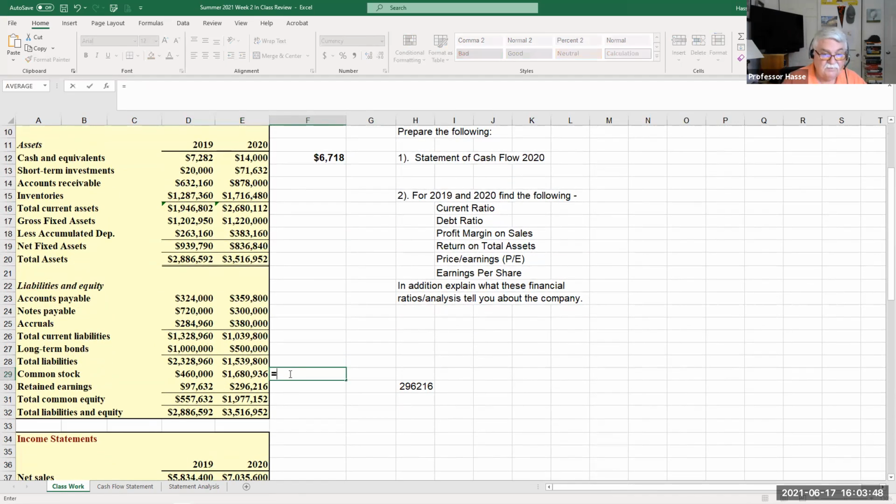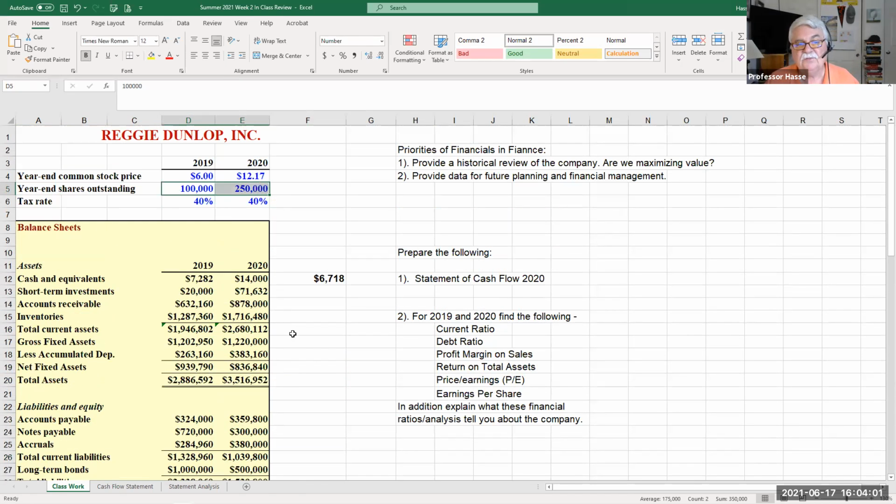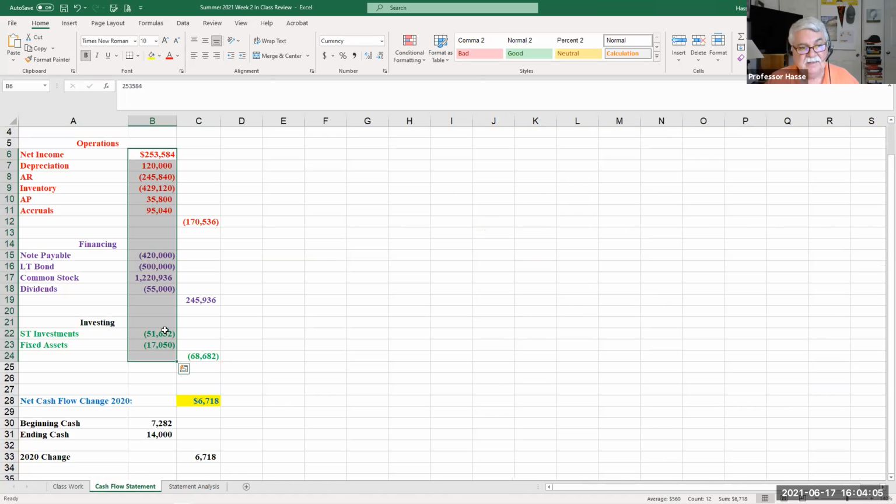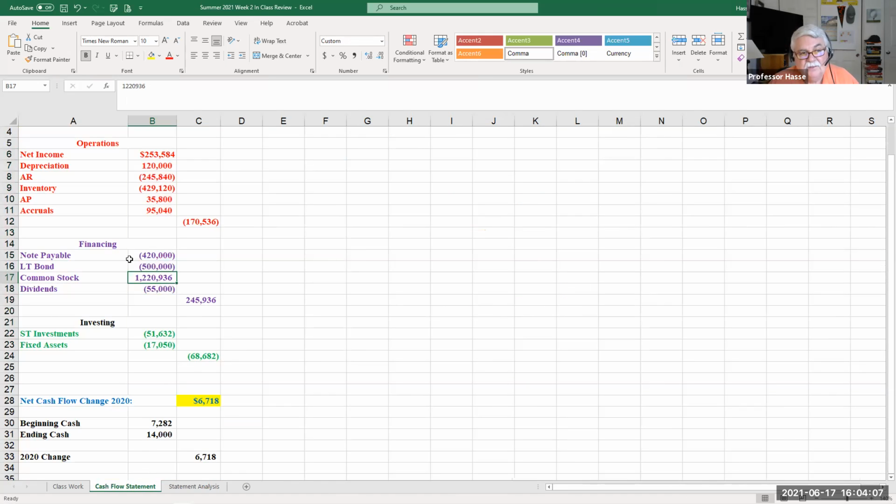Note the delta from 2020 to 2019. An additional $1.22 million increase in common stock because they issued 150,000 more shares of stock. And there's that money sitting in the cash flow statement under financing.